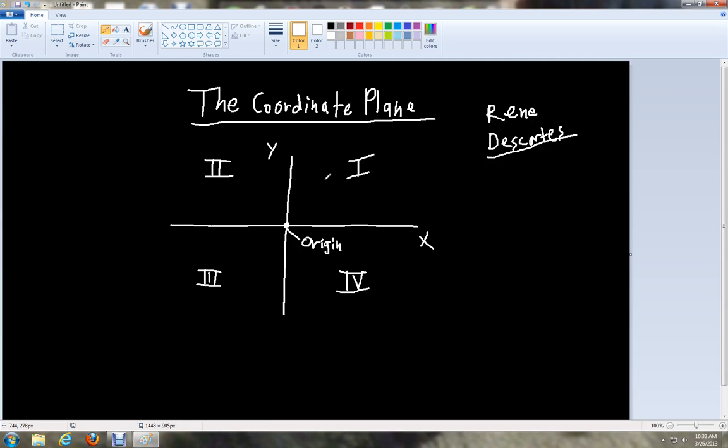You want to know how far you are from your ball to the green, and all that good stuff. So there are a lot of applications used in technology and real life, thanks to Rene Descartes for inventing the coordinate plane.